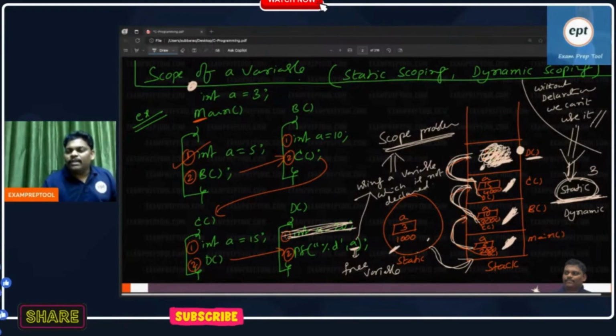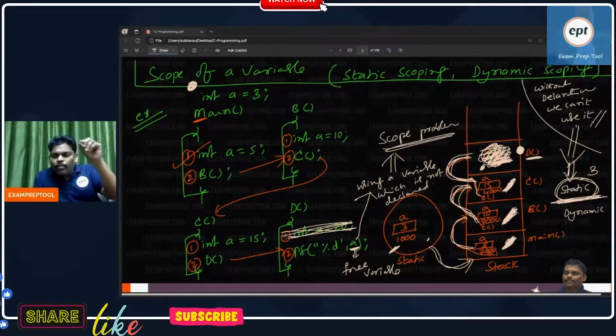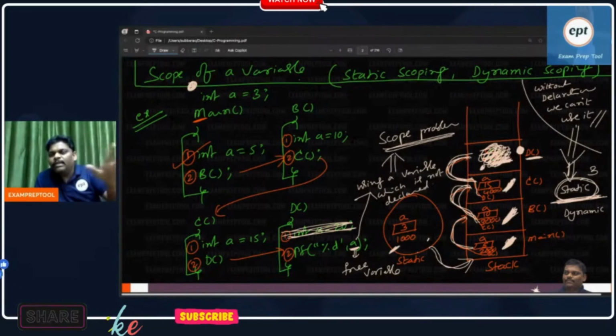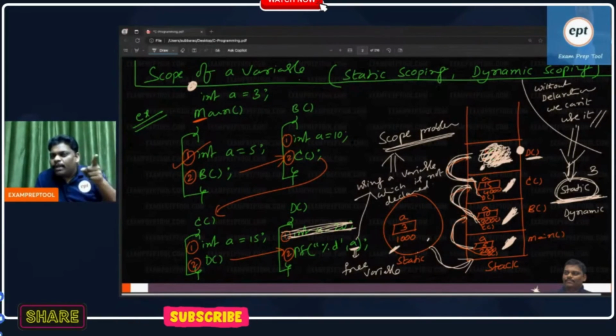Now it is a very, very interesting answer. Listen, everyone, observe. Scope problem: the compiler itself has identified it.